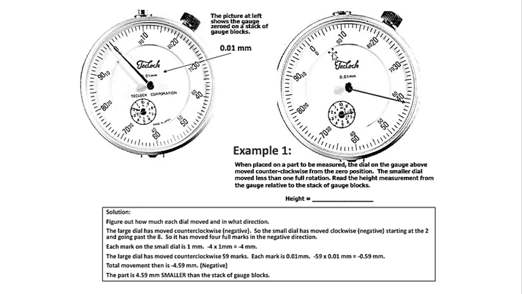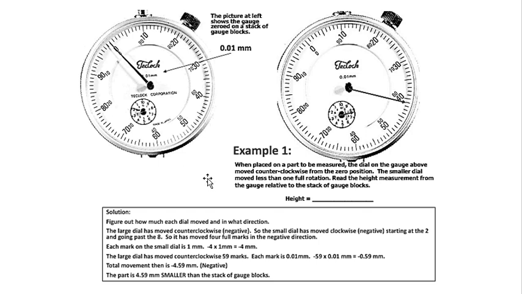So it's the same thing. You have a larger dial and a smaller dial. You're going to gauge it with your gauge block stack, and then count all of the rotation, whether it's going to the positive or negative. And then you're going to swap in your object of interest. Then you're going to count from the zero, whether your pointer is going to the positive or the negative, clockwise or counterclockwise.